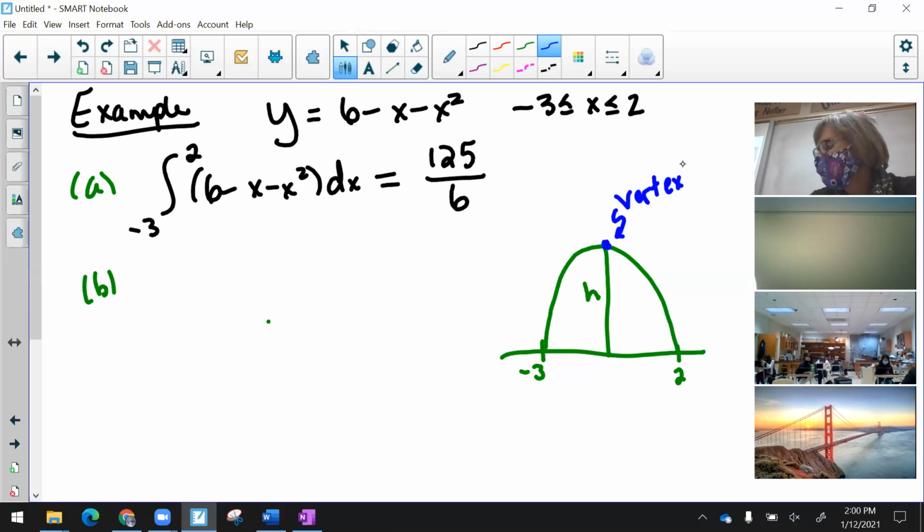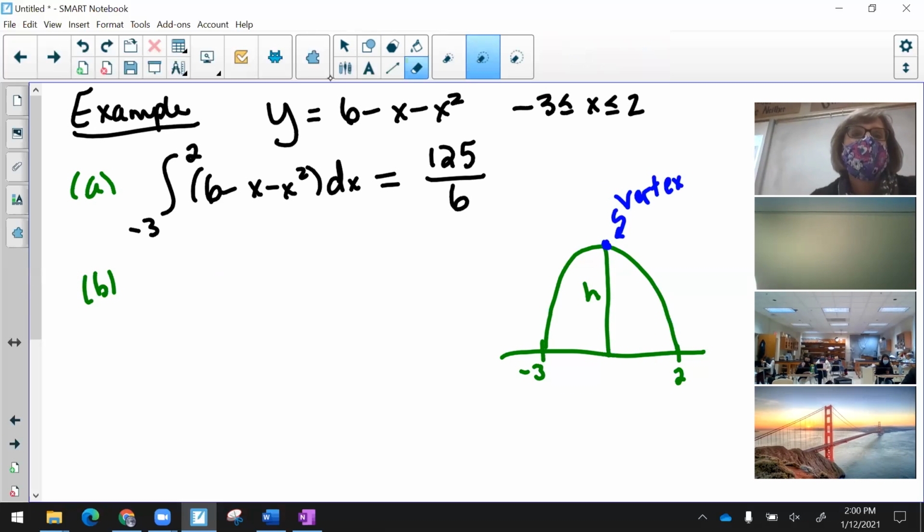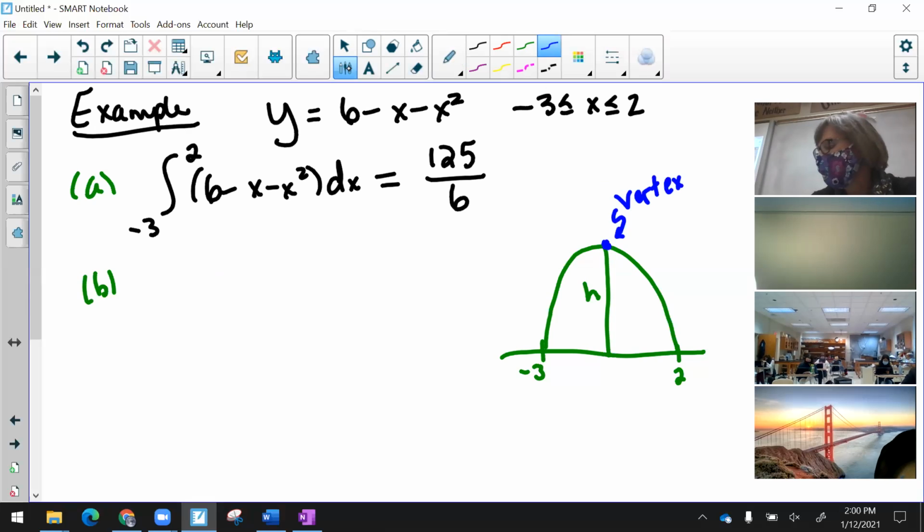So, how do you find the vertex of a parabola? You could look it up online if you want. You need to find the zeros first and use the middle point, put it in the function, and then you can find the vertex.